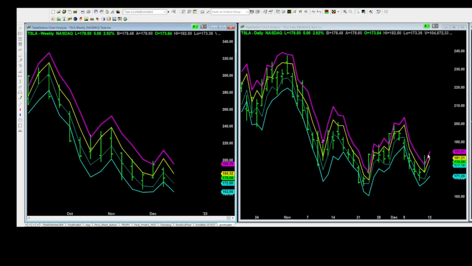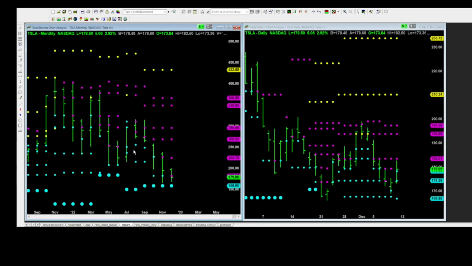So if you switch to another model, this is the Tesla monthly chart, and this is the Tesla daily chart. This kind of red dot and blue dot represents effective resistance or support.